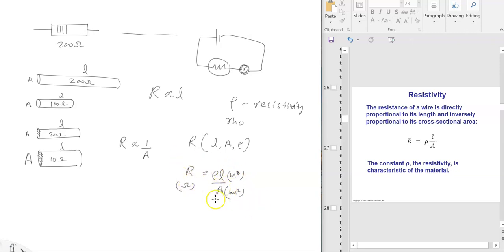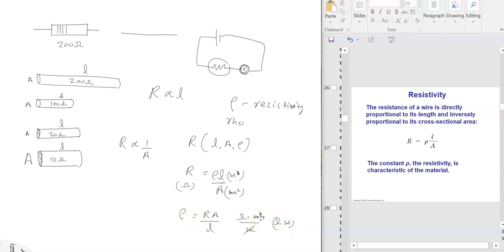So if I take rho to the other side, and then plug these units, ohms times meters squared over meters, cancels out, ohm meter. Units of resistivity is ohm meters.